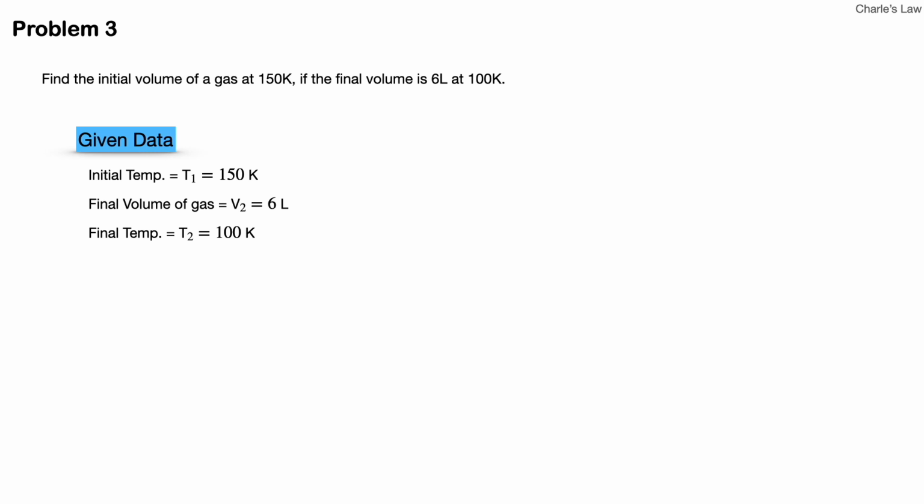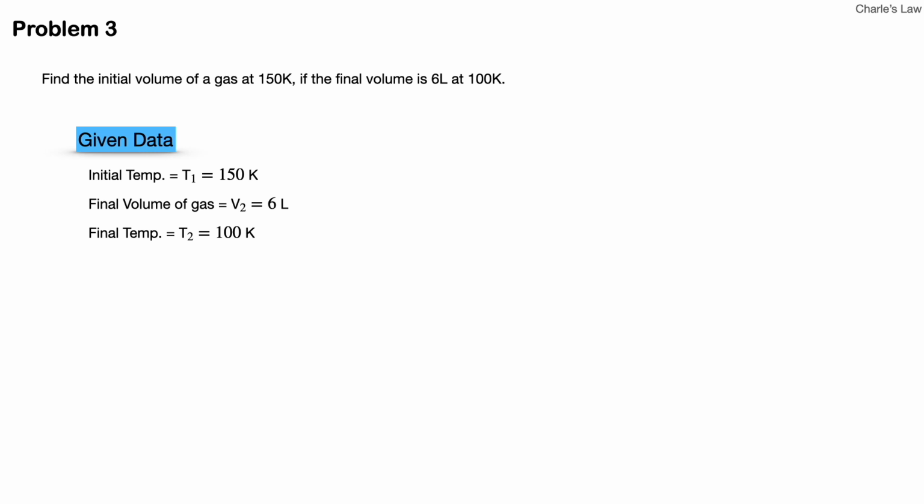The temperature changed from 150 to 100, which means the temperature is reduced. If we are going to calculate the initial volume, we should have some idea from the change in the parameters whether the initial volume should be greater or smaller.